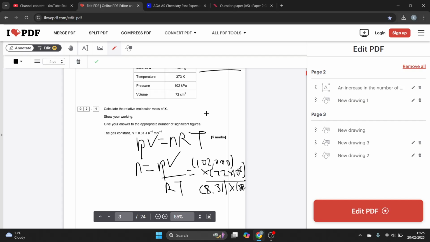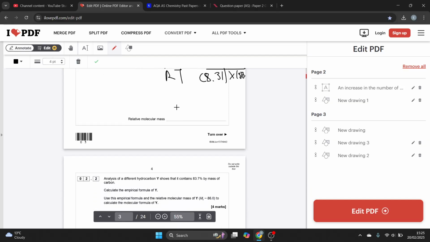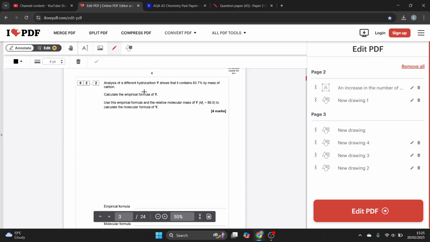So 0.194 divided by the number of moles, 81.88, so 82, which is two significant figures only.